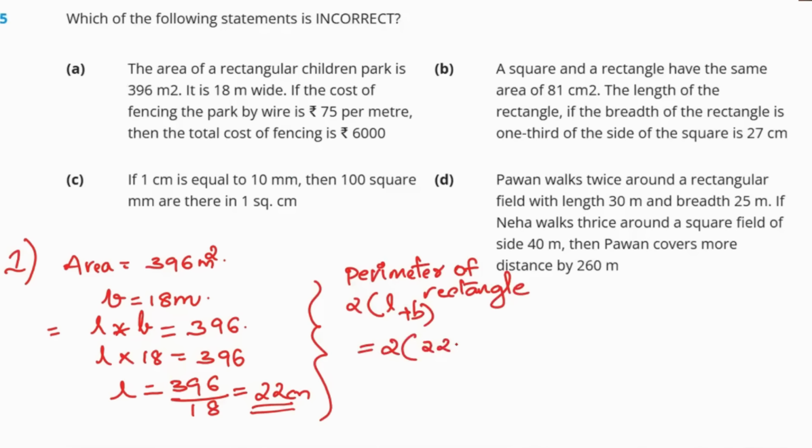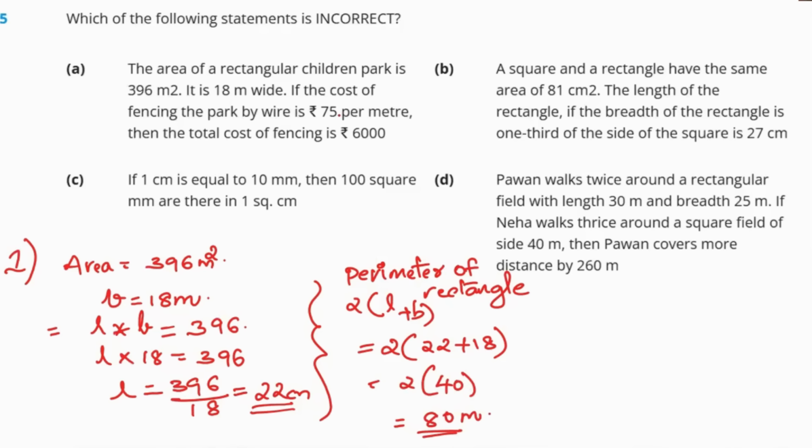The length is 22 and breadth is 18. So 2 into 40, which is equal to 80 meter. 80 meter is the perimeter of that rectangular park.